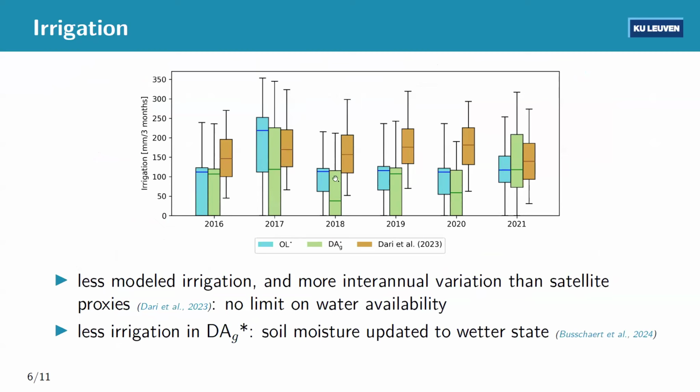You also see that we have more variation because we have no limit on our water availability in the model. And you also see that the data assimilation typically simulates less irrigation than the open loop. And that's because the data assimilation of backscatter is actually already bringing soil moisture to a wetter state and thereby preventing irrigation events.